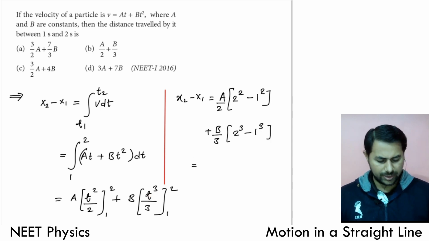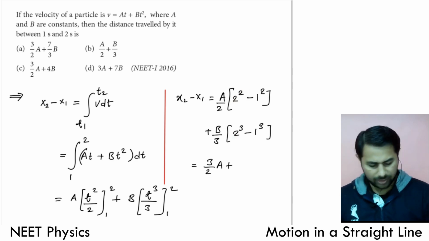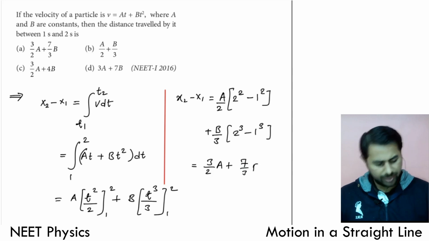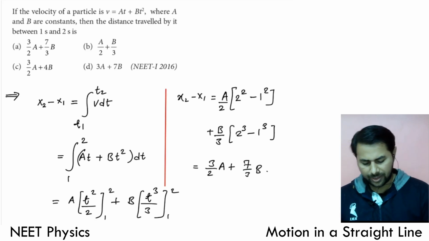Okay, so that is equal to, this is 4 minus 1, so that's 3 by 2 a, plus this is 8 minus 1, so 7 by 3 b, right? So it is option A.